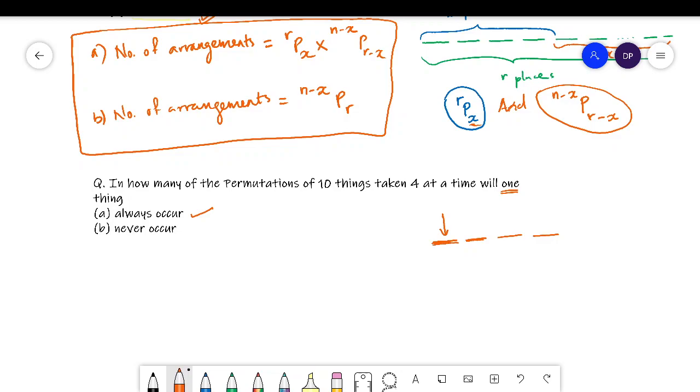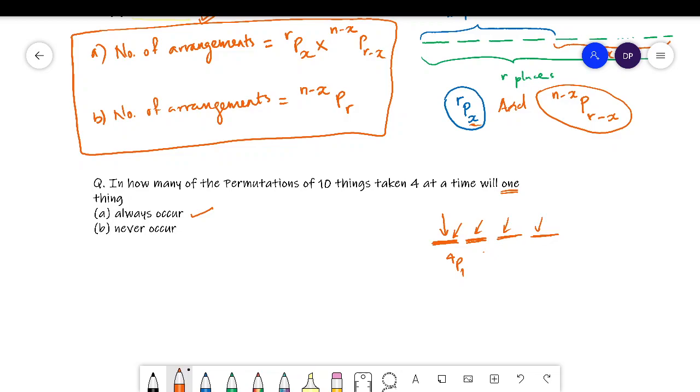I'm not restricting the first place. One of the 4 places is booked by one item. In how many ways can these 4 places be occupied by that one item? In 4P1 ways, isn't it? This one thing can be put here or here or here or here.